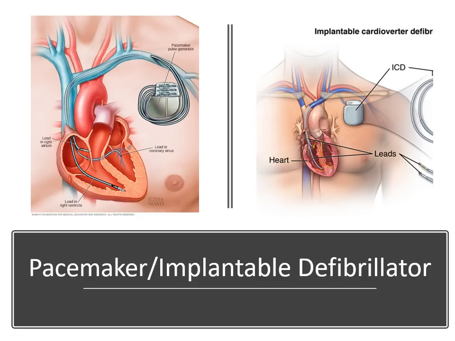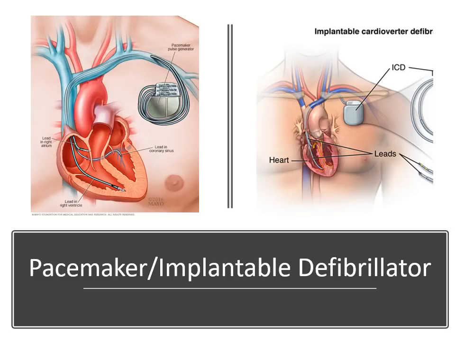Next up, guys, on the bottom of page 214, 215, and 216, you have the beginning of your pacemaker or implantable defibrillator codes. Now, it's very important that you understand that these two devices have a particular role that they play.